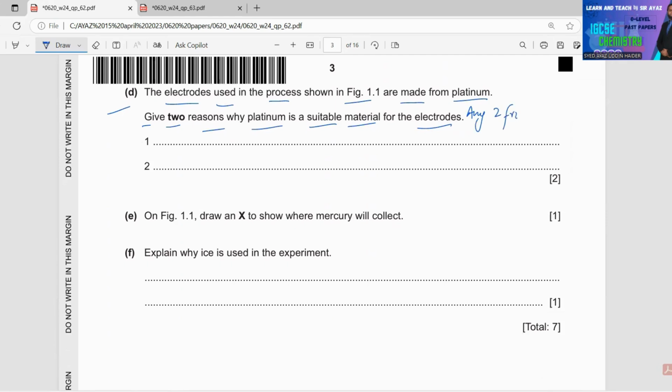Any two from: you can either write conducts electricity and one of these, high melting point.